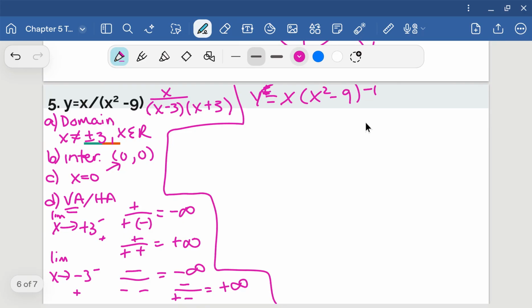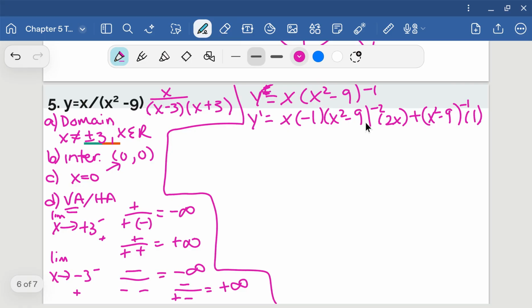So then if I want to do my first derivative, I would take my first term, multiply it by the derivative of my second term, and use the chain rule here. So we'll have a 2x. And then I'll add on my second term and multiply it by the derivative of my first term.